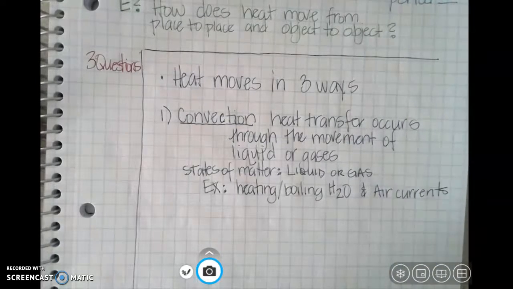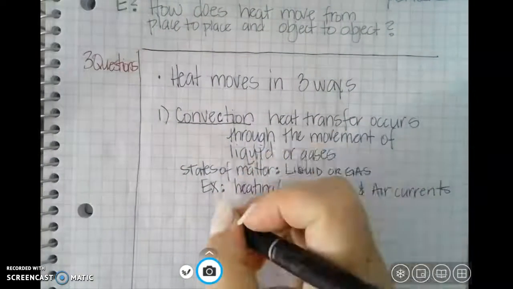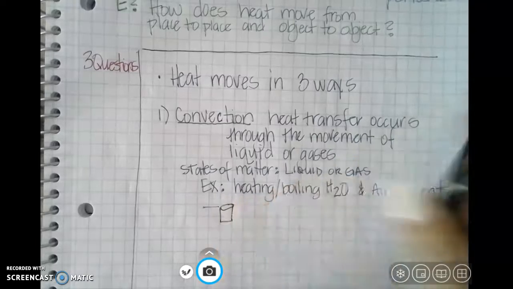And we're going to draw a quick little picture to help us remember that. So if I have a pot of water, I'm going to pretend this is like a see-through pot of water.